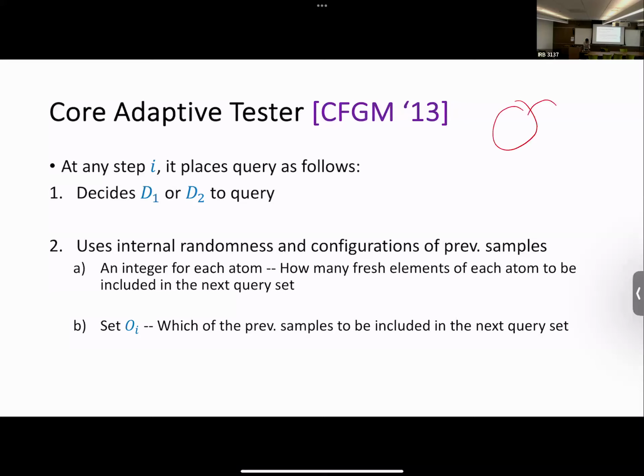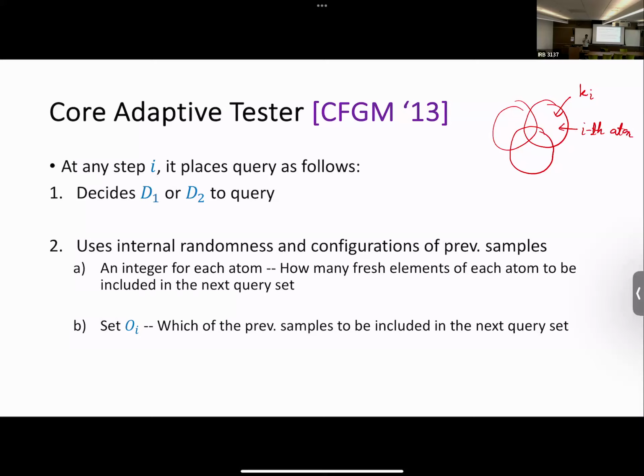So if you recall, previously I defined all these atoms. Now for each specific atom, the algorithm will specify some integer ki, for the ith atom. What it represents is, whatever my next query set is, what will its intersection size be with this particular atom?